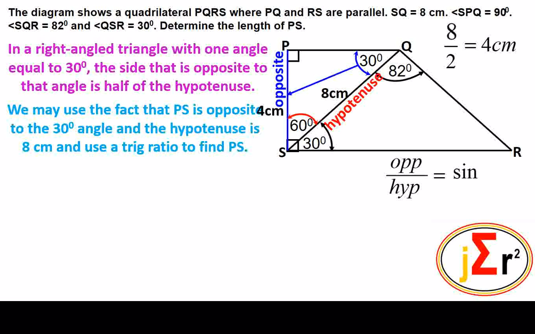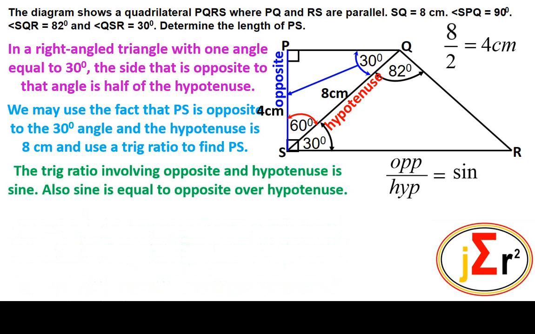We also need to know that sine is opposite over hypotenuse. Sine is equal to opposite over hypotenuse. There we have it.